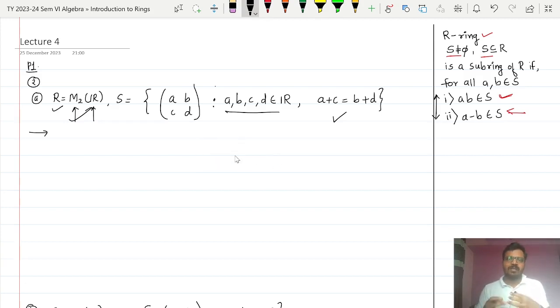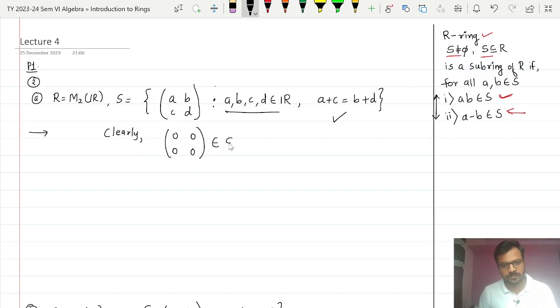So which is the element in which this happens? As I told you, our natural choice is going to be the identity element of R. So clearly 0, 0, 0, 0 belongs to S. As you can see, 0 plus 0 is 0, and again 0 plus 0 is also 0.